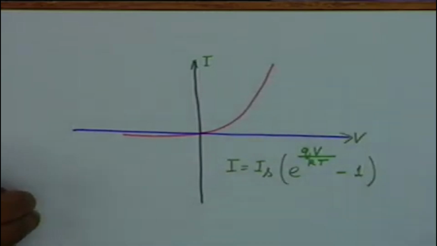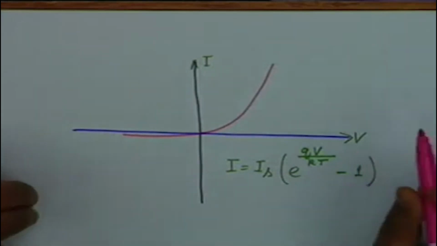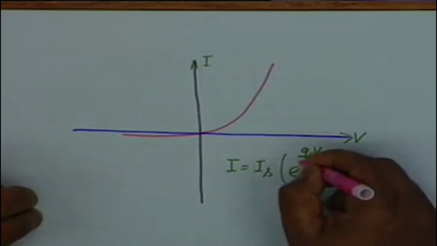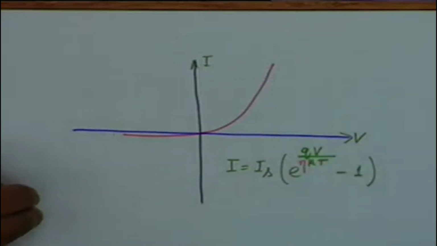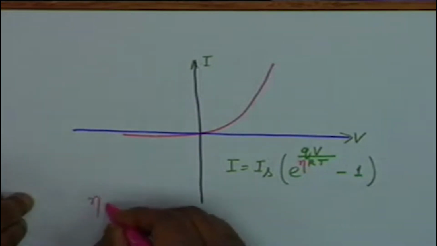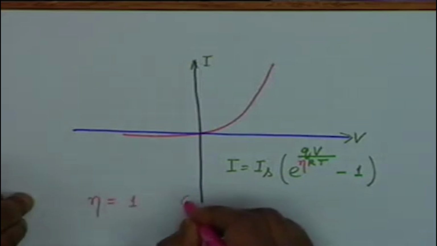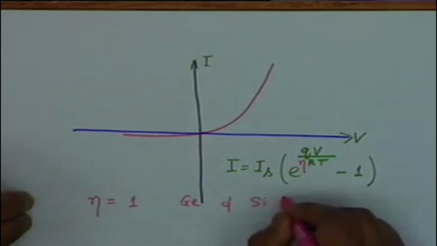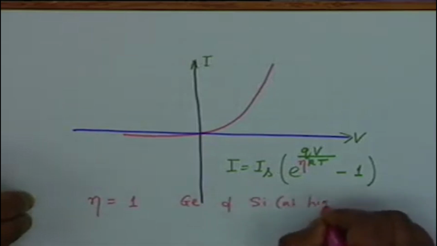Now it is found that depending on the material, whether it is germanium or silicon, and depending on the current level that is conducted, it is safe to put a factor eta in the denominator, where eta is equal to 1 for germanium diodes and for silicon at high currents.